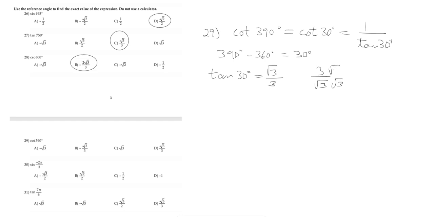Rationalization gives 3 root 3 over 3. Cancel out the 3 and it is root 3. What about the sign? The sign is obviously positive, because this is coterminal with this angle, which lies in the first quadrant. The answer is root 3, option C.